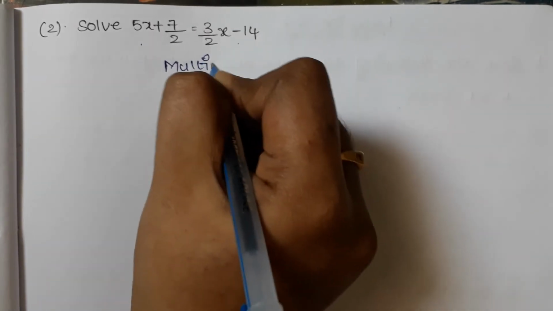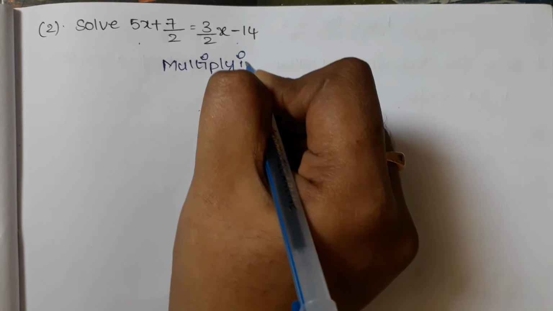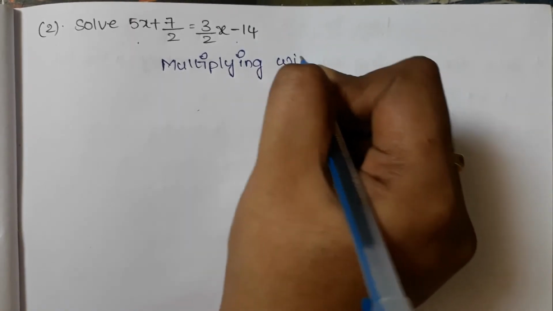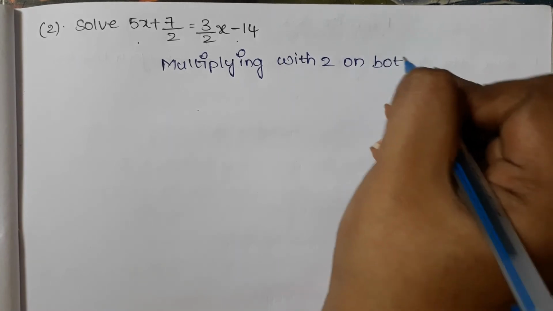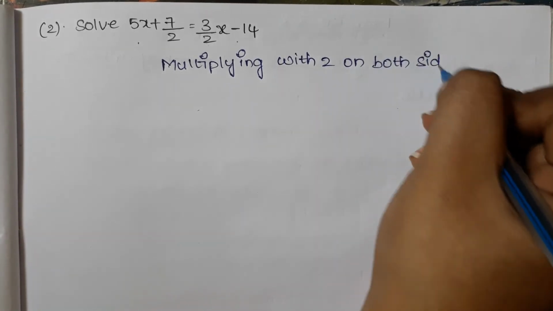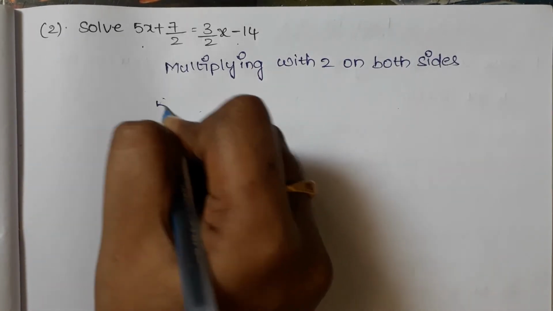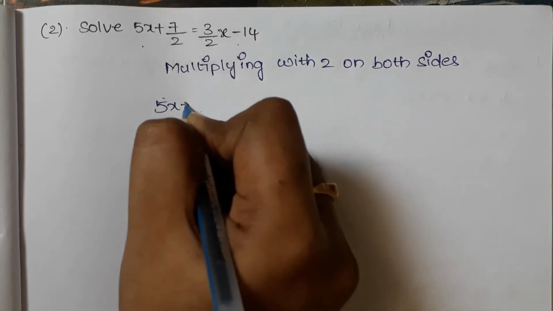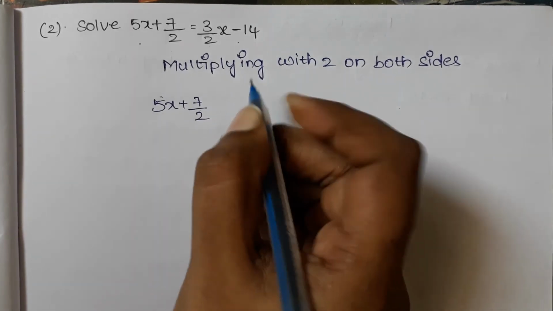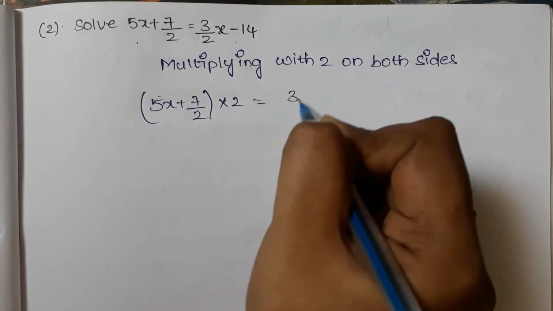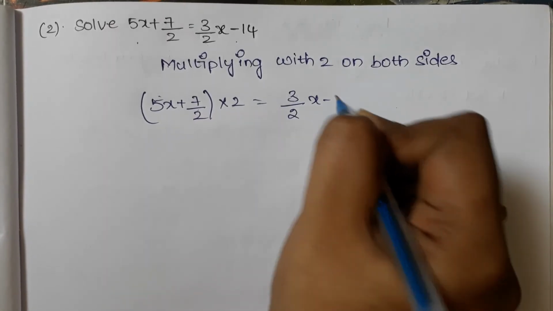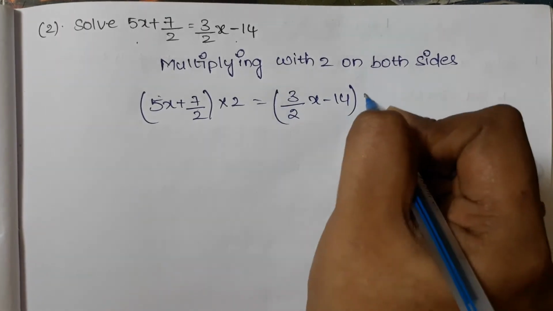That is, multiplying with 2 on both sides: 5x plus 7 by 2, into 2, equals 3 by 2 x minus 14, into 2.